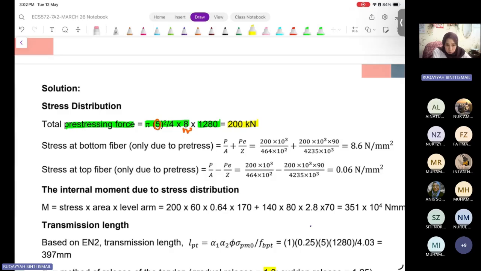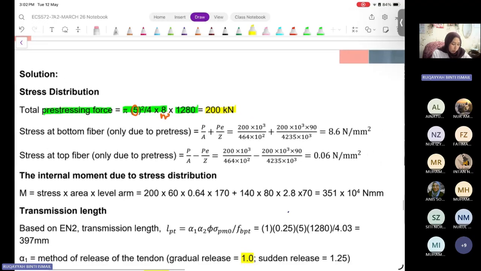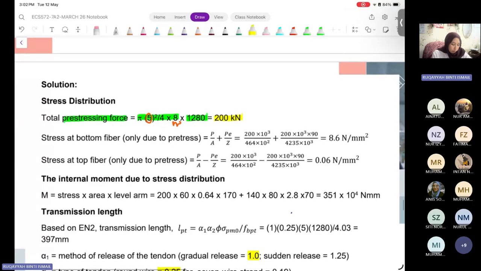So for us to know the total stresses, remember the condition that we can calculate for our pre-stressed beam. We will consider only the values due to pre-stress, because we want to provide the shear link at the end block, and the main cause of cracking there is the pre-stress force, not the load applied on the beam.